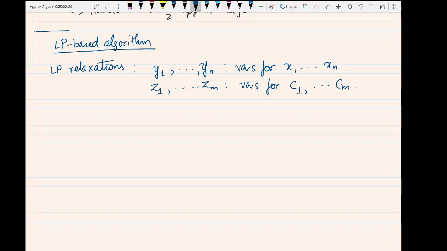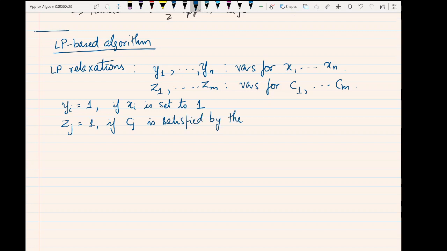And these take the natural meaning in the ideal setting that yi is 1 if xi is set to 1, and similarly zj is 1 if cj is satisfied by the assignment specified by the y's.